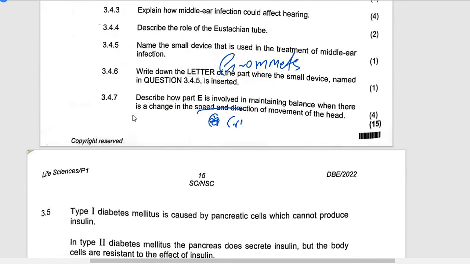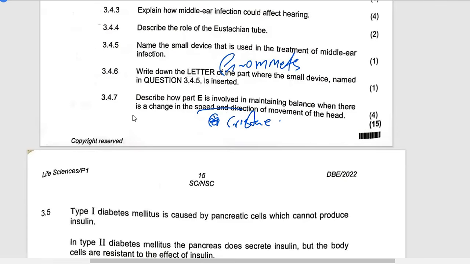The other one is the maculae, which detects the position of the head. So a change in the speed and direction of the head will stimulate the cristae, which are found in the ampulla of the semicircular canal.